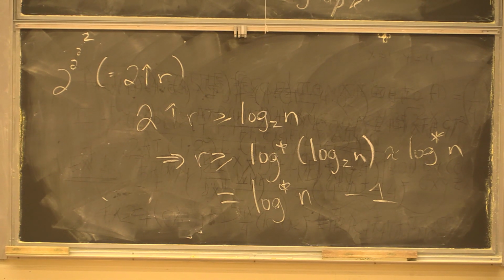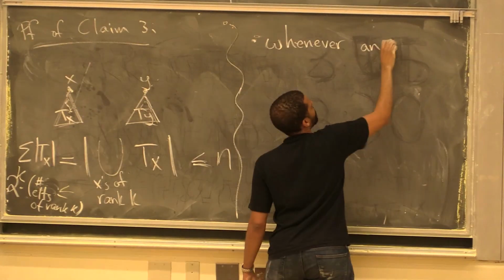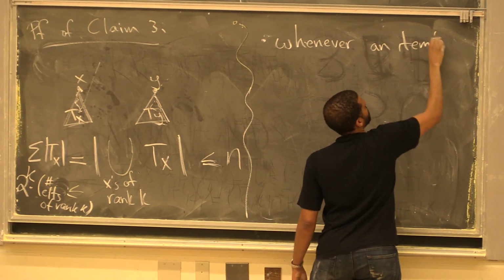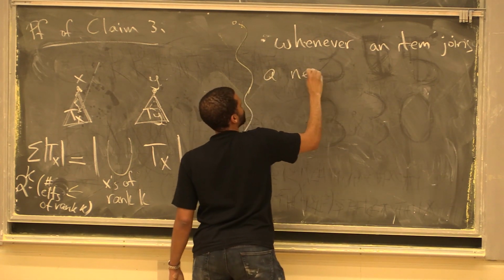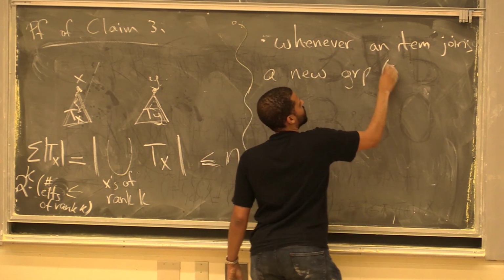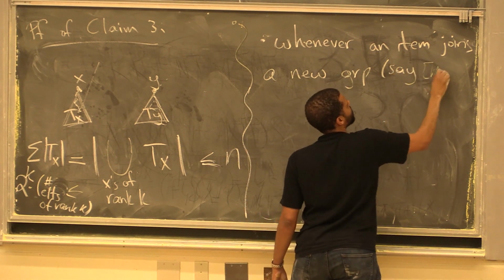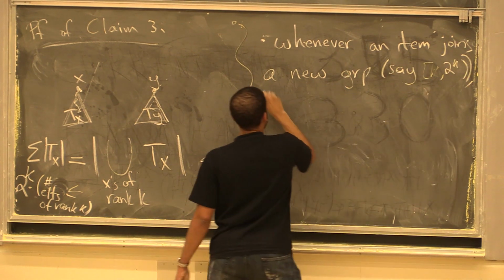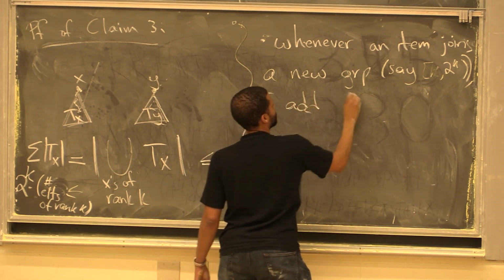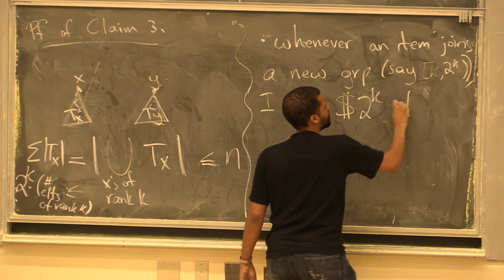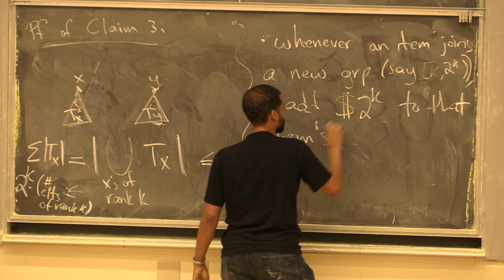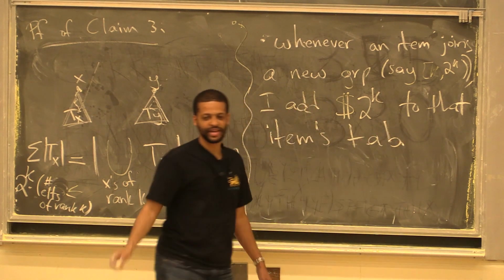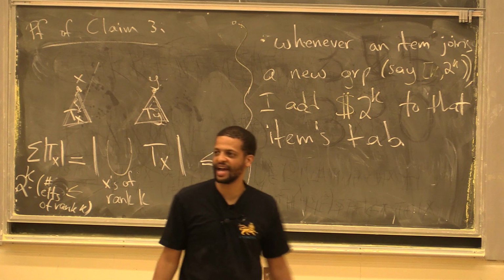What I'm going to do is, whenever an item joins a new group, say the group from k to 2 to the k, I add 2 to the k dollars to that item's tab. So this is how I contribute money to people's tabs.